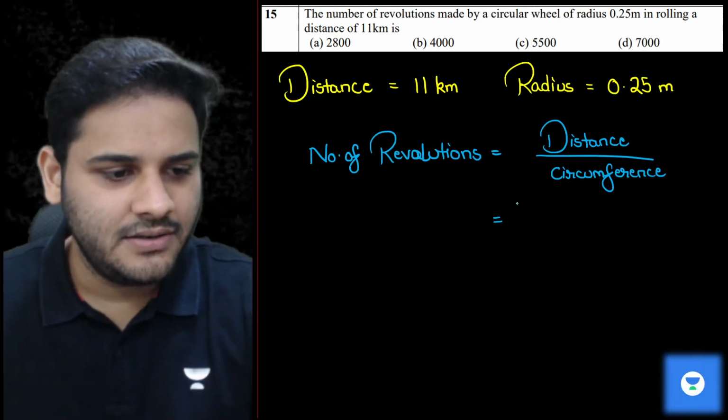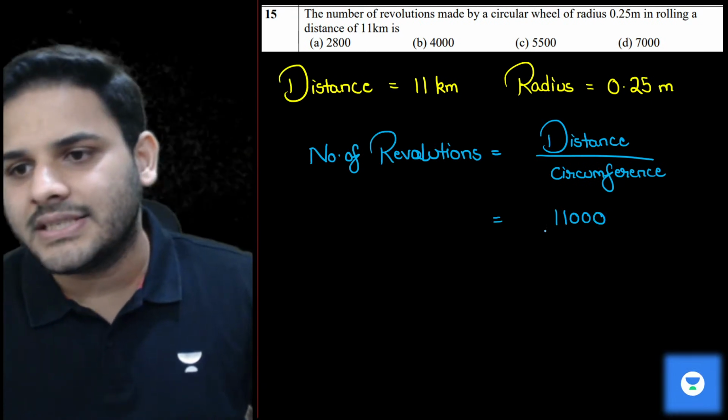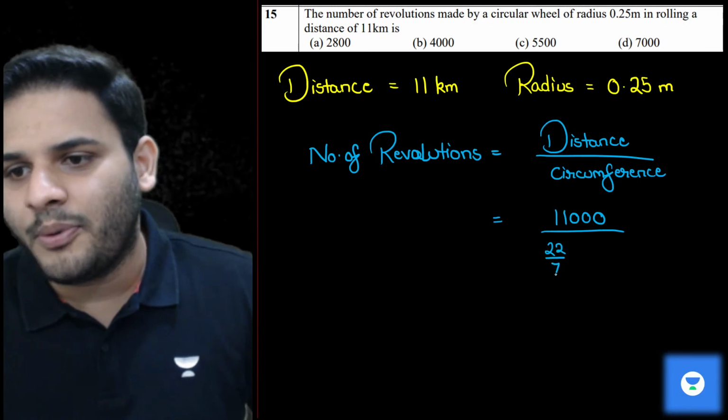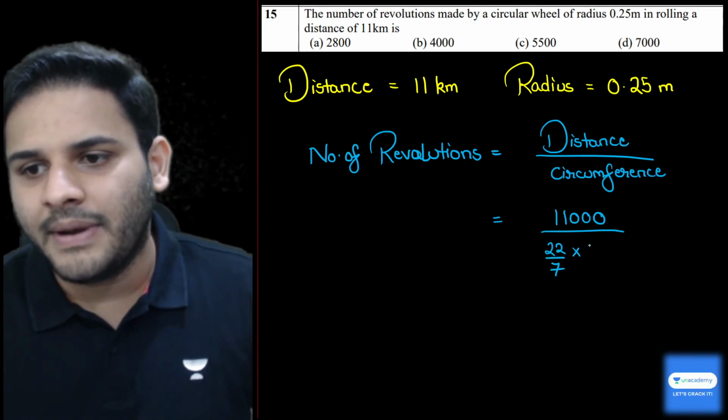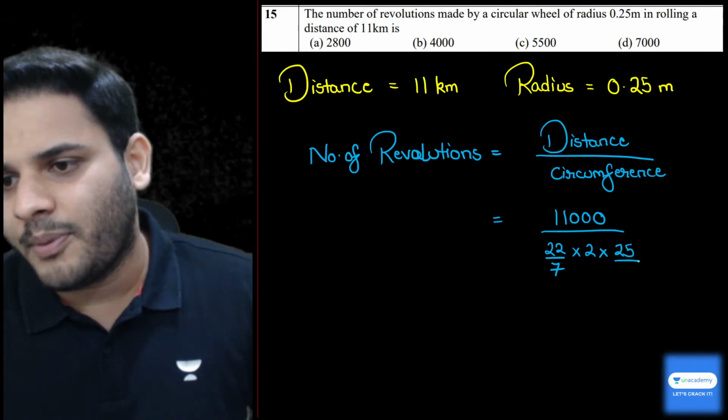Absolutely correct, Vishal. You will do it like this. The distance is 11,000 meters divided by the circumference, which will be 22 upon 7 multiplied by 2 multiplied by 25 upon 100.